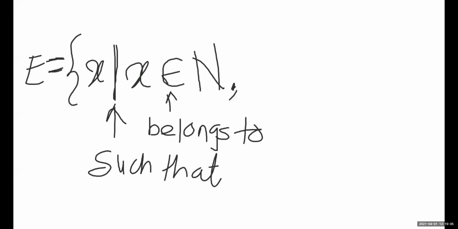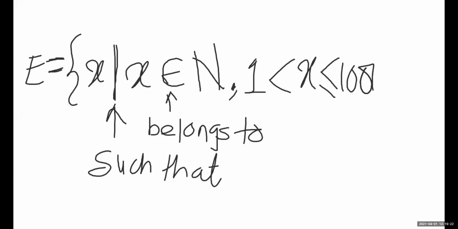Now, from where to where we want that X? It must be greater than 1 and less than or equal to 10,000. Why am I putting equal to here? Because 10,000 is also an even number.